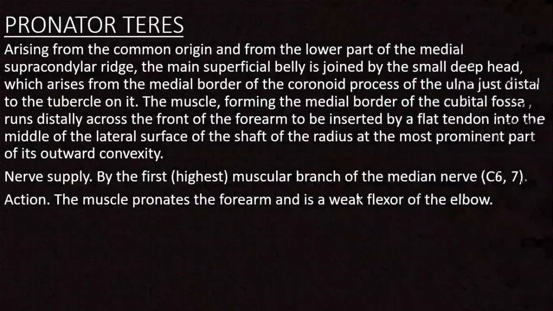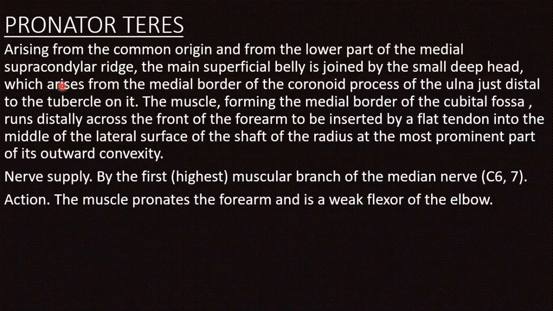Now, let's start with pronator teres. It arises from the common origin and from the lower part of the medial supracondylar ridge. The main superficial belly, or the humeral belly, is joined by a small deep head or the ulnar head, which arises from the medial border of the coronoid process of ulna, just distal to the sublime tubercle.